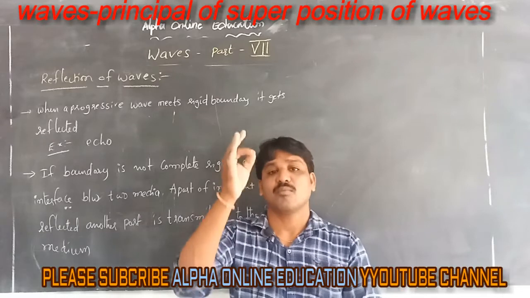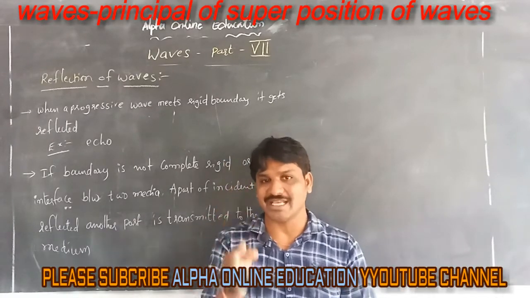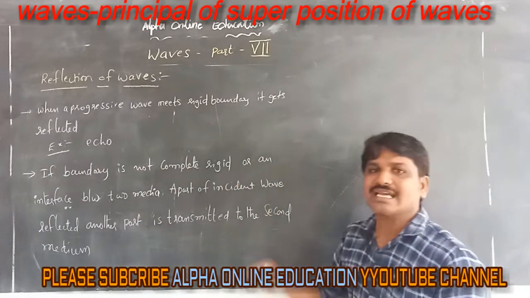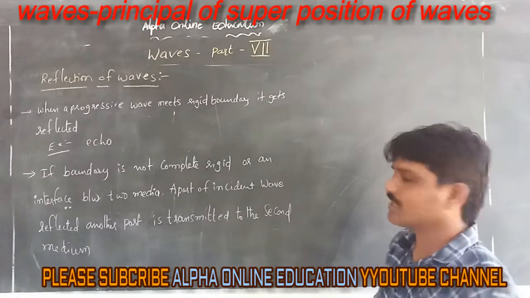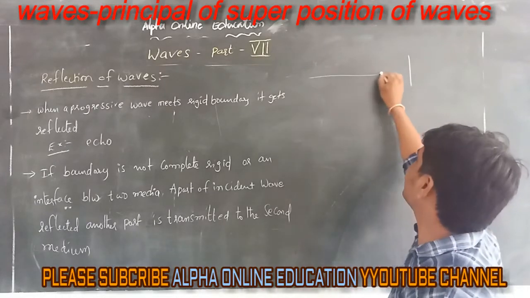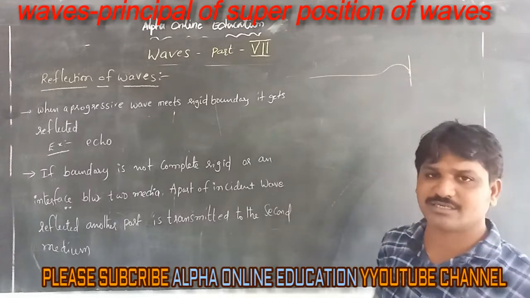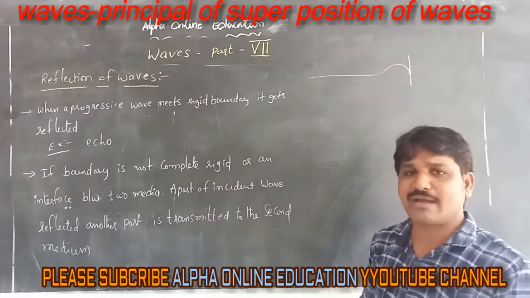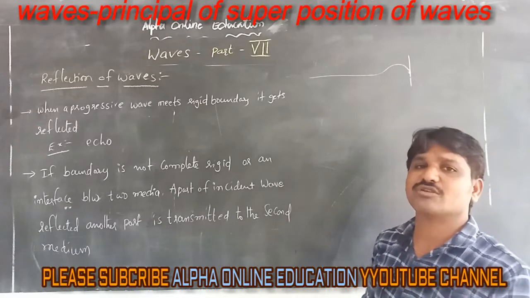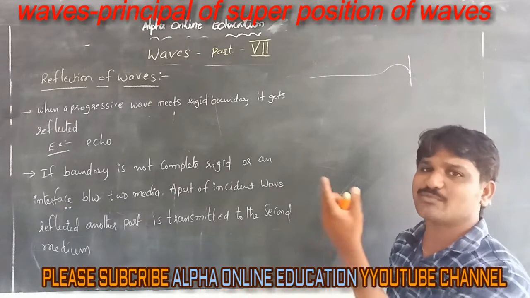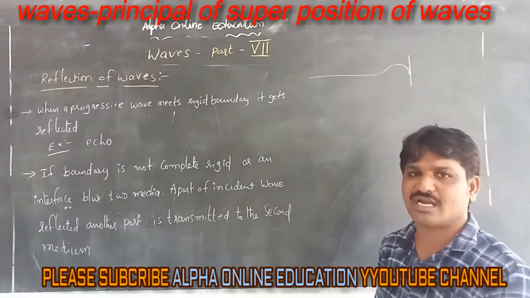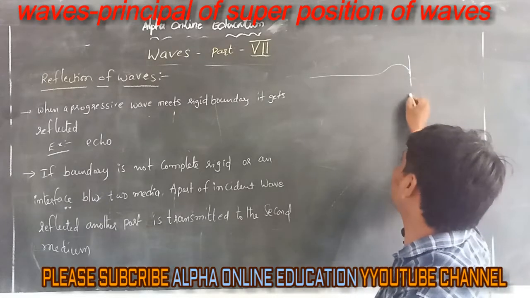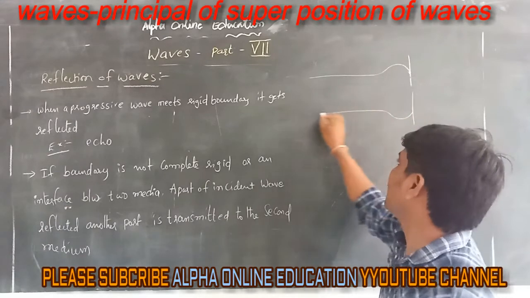When the wave is obliquely incident on the rigid boundary, there is a reflected wave which has the same amplitude and same speed as the incident pulse, but they differ in phase angle, by 180 degrees or pi radians.